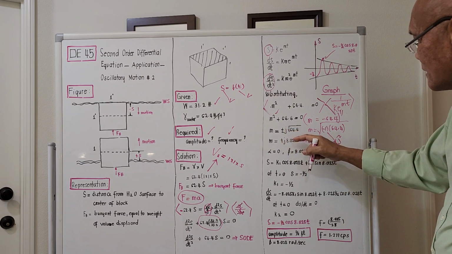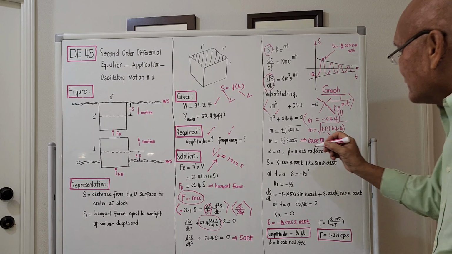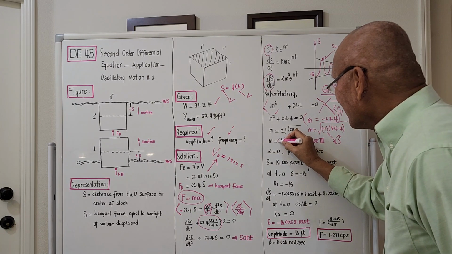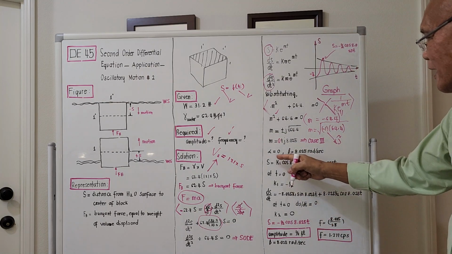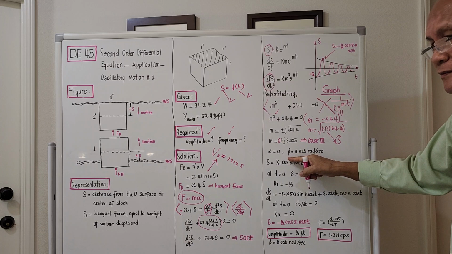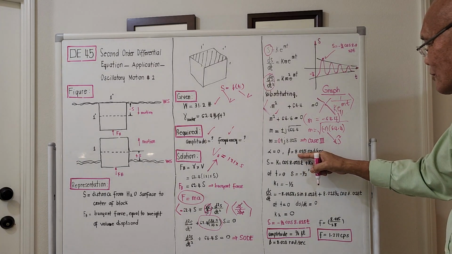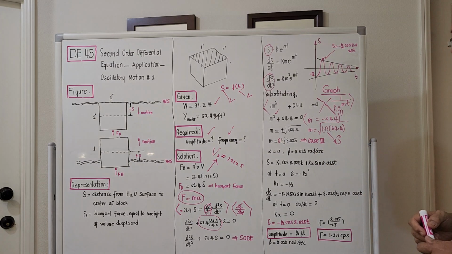Plus or minus j 8.025. So by inspection, the real part is 0. Actually, there's a 0 here. So alpha, meaning the real part, is 0. Beta, the natural frequency of oscillation, is 8.025 radians per second.